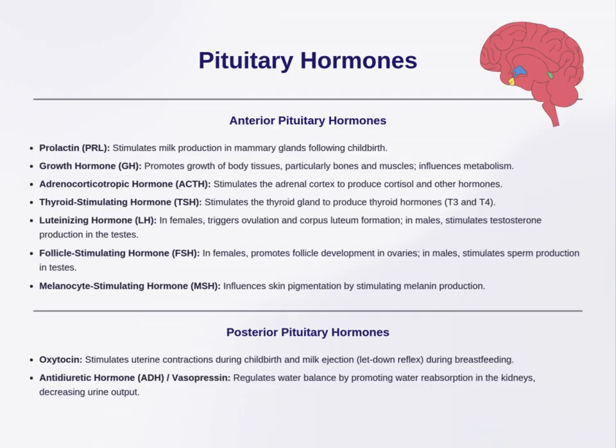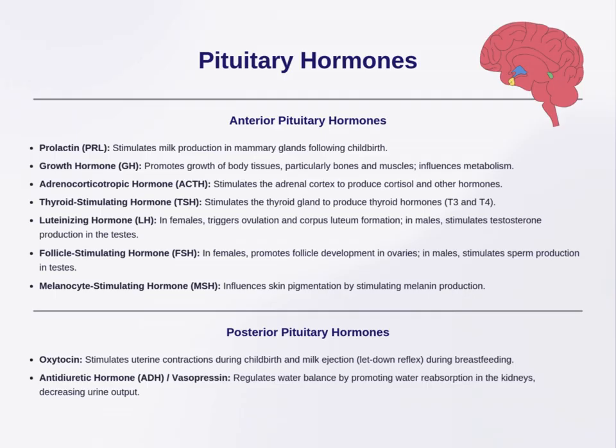All right, so let's talk about the master gland or the pituitary gland. The anterior portion of the pituitary gland secretes these hormones: prolactin, which stimulates milk production in the mammary glands following childbirth, growth hormone, which promotes the growth of body tissue and bones, the adrenocorticotropic hormone, or ACTH, which stimulates the adrenal cortex to produce cortisol and other hormones, thyroid stimulating hormone, or TSH, which stimulates the thyroid gland to produce the thyroid hormones, T3 and T4, luteinizing hormone, which we just talked about in the reproductive system, which triggers ovulation in females.